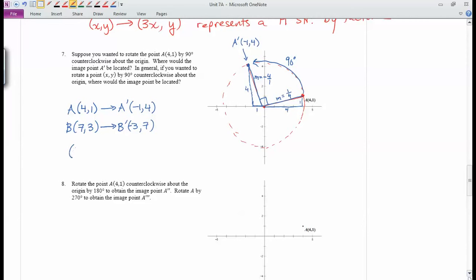If you try the same thing with a general point, x, y, then that's going to turn into, well, it's kind of like flipping the coordinates, but then notice the first one, when it went over here, it changes signs, so I'd need to throw a negative in front of there. So this right here is the rule, so this represents a 90 degree counterclockwise rotation about the origin.